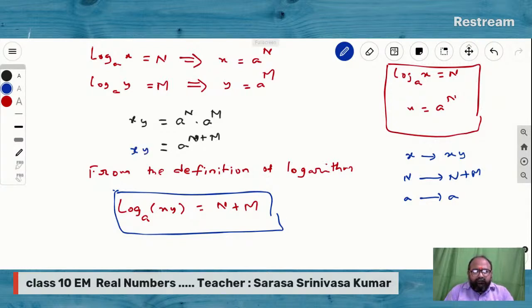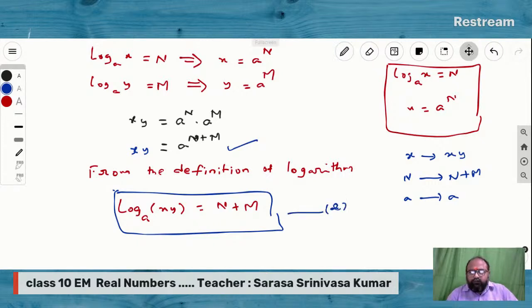If this formula is applied to xy equal to a power n plus m, then we get log xy base a equal to n plus m. This is equation 2.